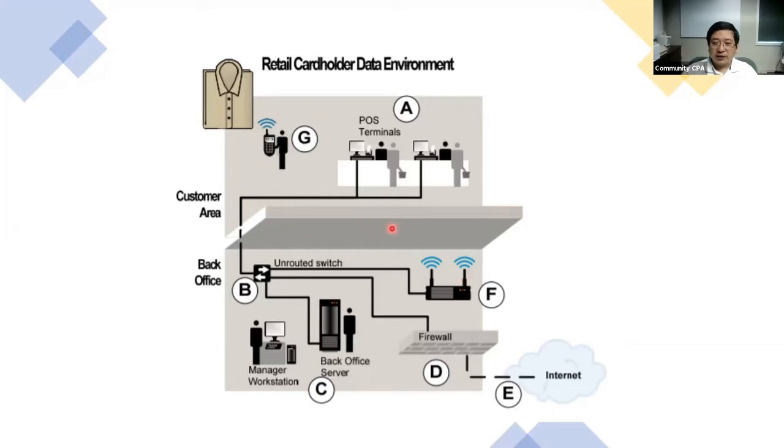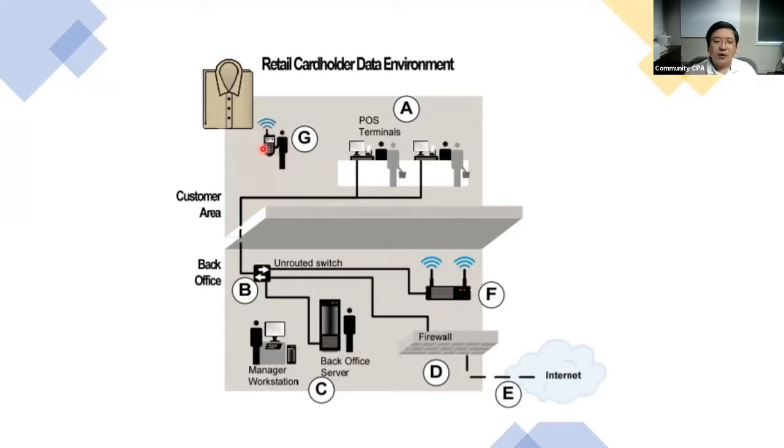So this configuration is PCI compliant. But because this staff and his company device are in this gray box, you need to make sure his company device is PCI compliant.